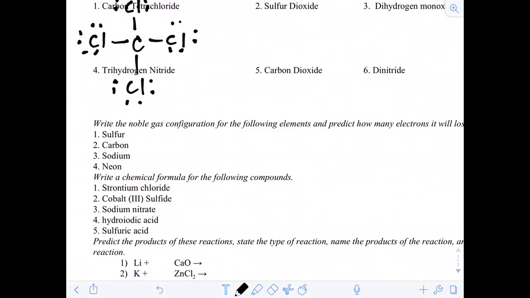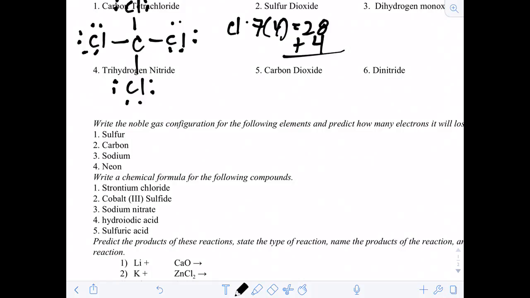Does the carbon obey the octet rule? It does. Let's count up the total electrons we should have in this molecule and make sure we've accounted for them all. Chlorine has 7 electrons total, and there are 4 of them, so that's 28 total electrons, plus the 4 from carbon. Carbon has 4 valence electrons because it's in group 14.